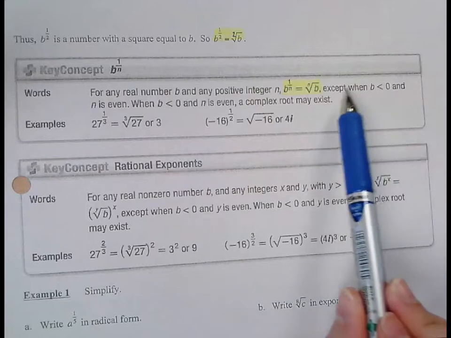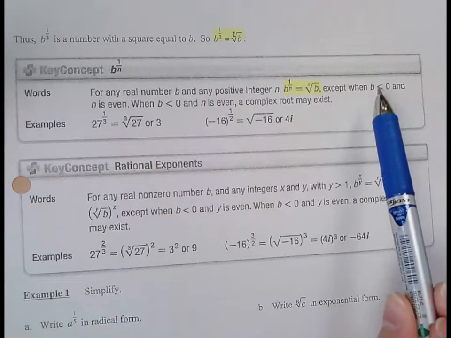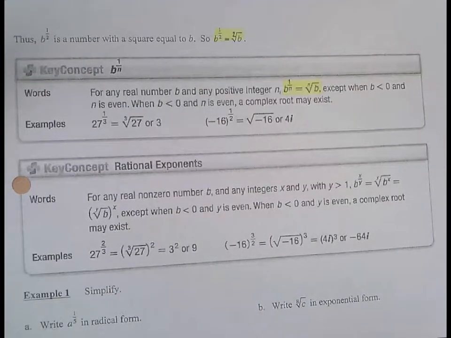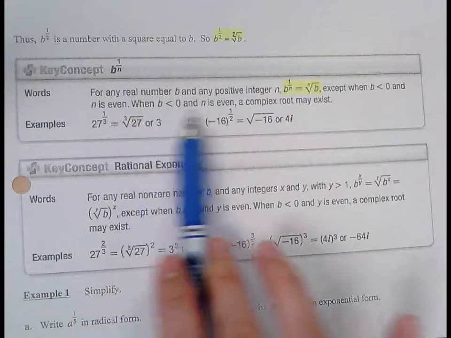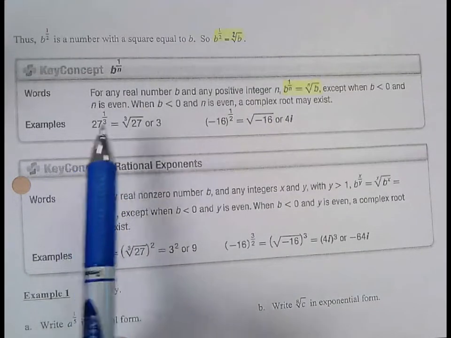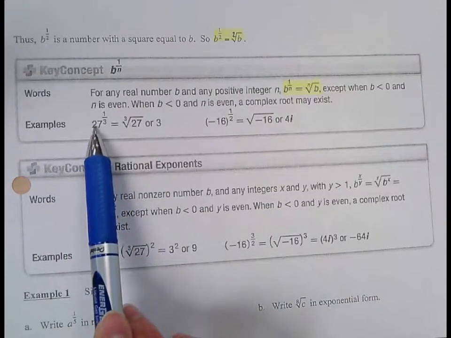It does go on to say except when b is less than 0. So if b was negative and n was even, then you'd have the even root of a negative number that would be imaginary. So that is just stating that here. If b was less than 0 and n was even, then a complex root may exist. You'd have an imaginary root. But it's showing how to rewrite 27 to the 1/3.